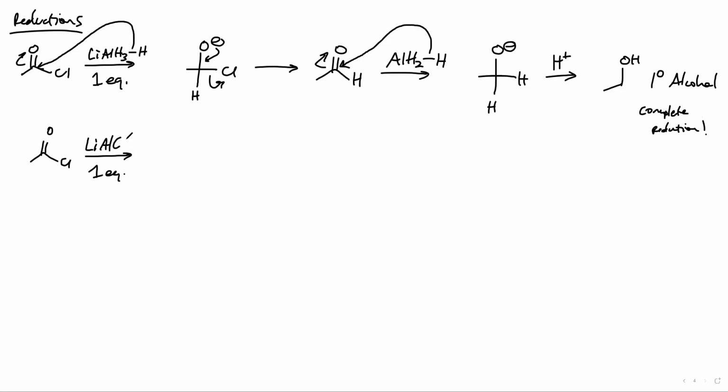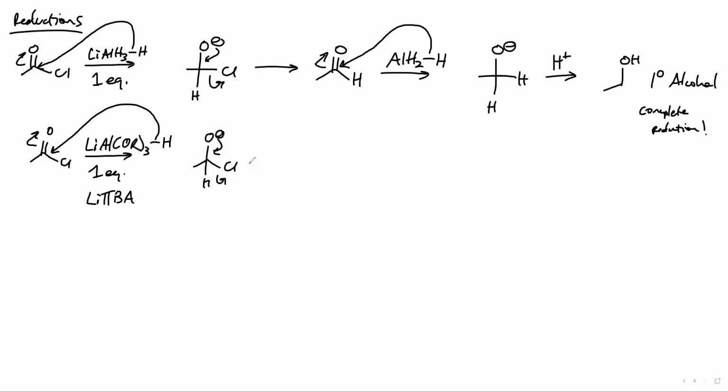This is known as LiPA, lithium tri-tert-butoxy aluminum hydride. Okay, so that's the name, and it functions exactly the same as lithium aluminum hydride. It just only has 1 hydride, so it only reacts once.